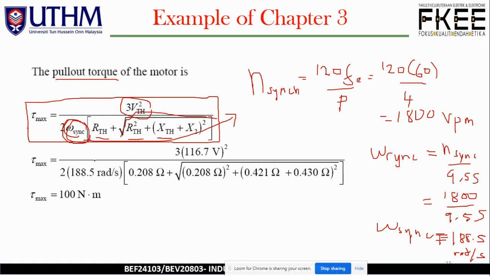So this is the value of omega sync. The rest we have just calculated: the VTH over here, the RTH, the XTH as well as the X2. And finally, the pull out torque of the motor is 100 Newton meter.